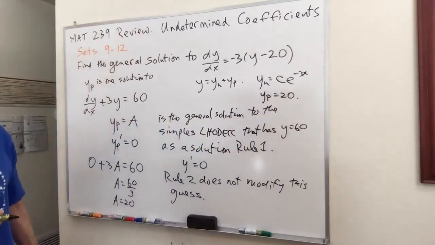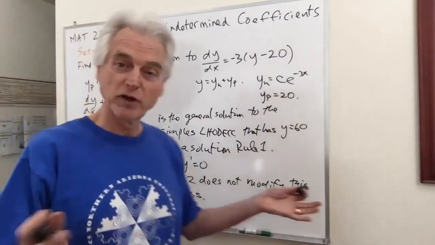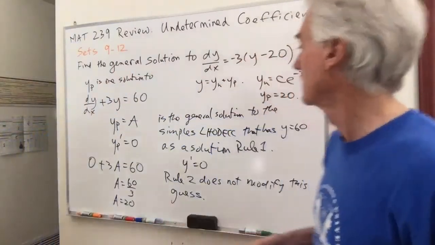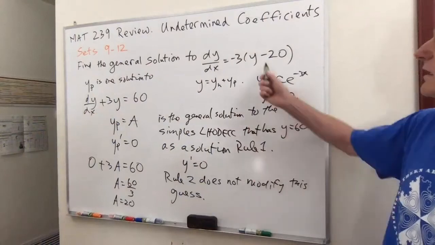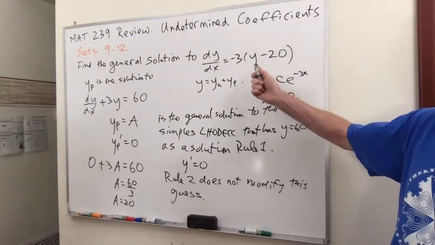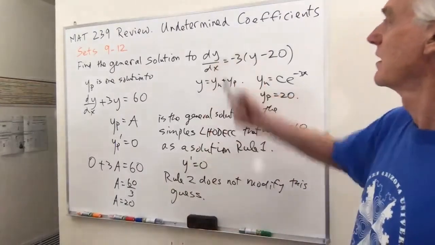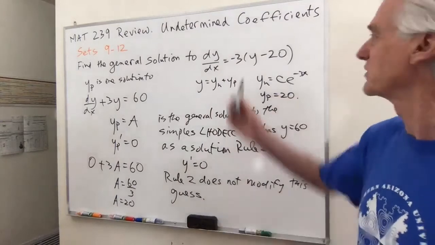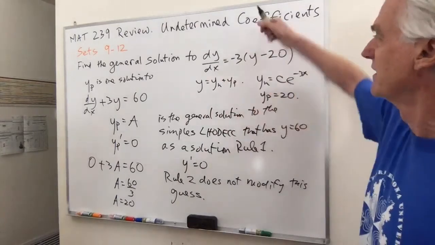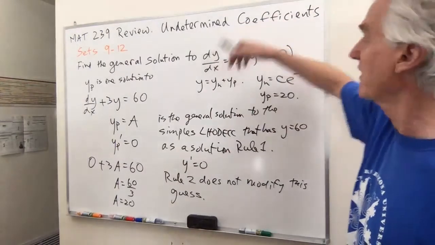By the way, remember, I just got to find a solution. So actually, if I was going to do this, yp equals 20, you could look at the original equation. Give me one solution to this ODE. Yeah, sure, there's the equilibrium solution. y equals 20 is a solution, right? Because if I differentiate a constant, I get 0 on the left.